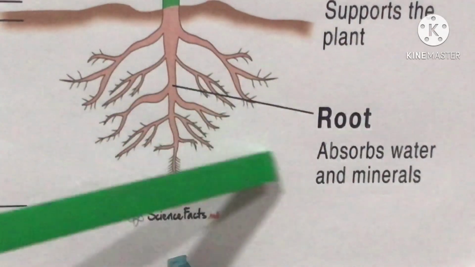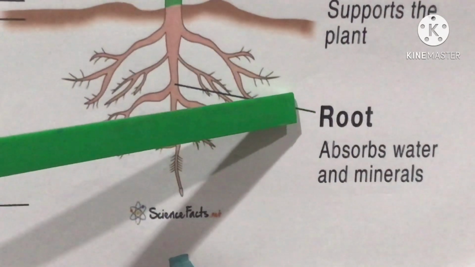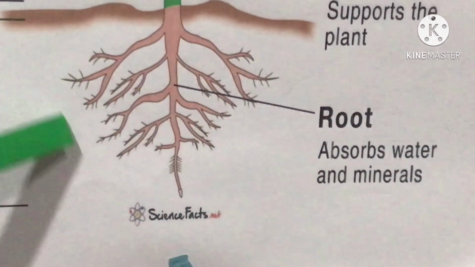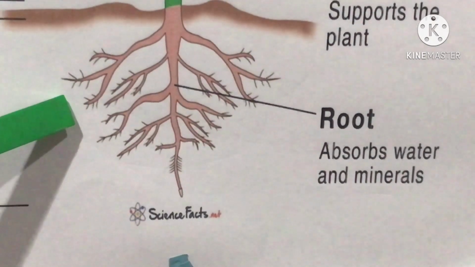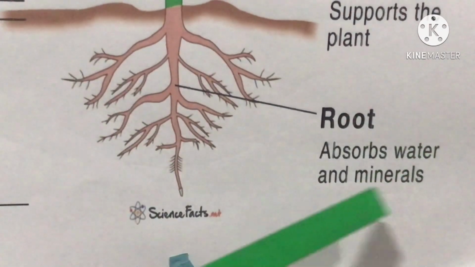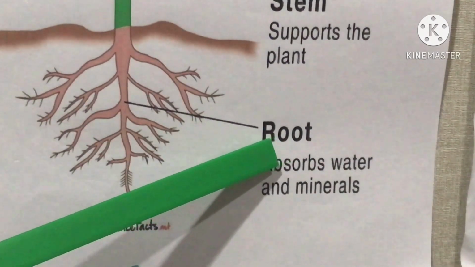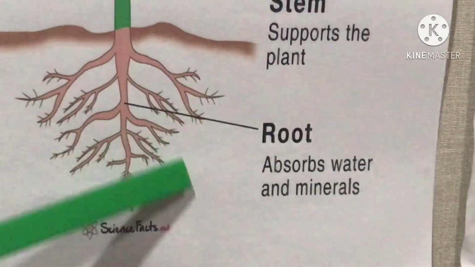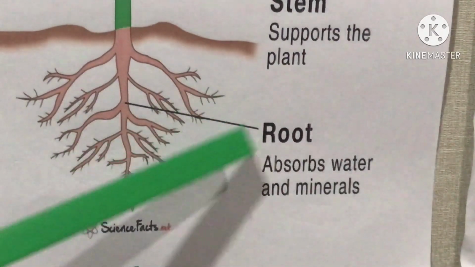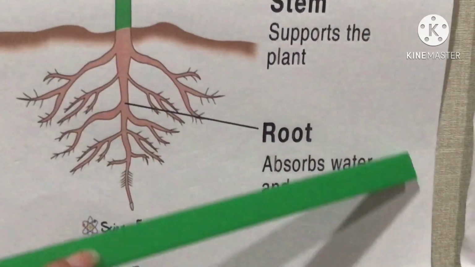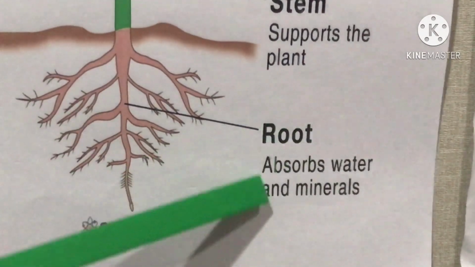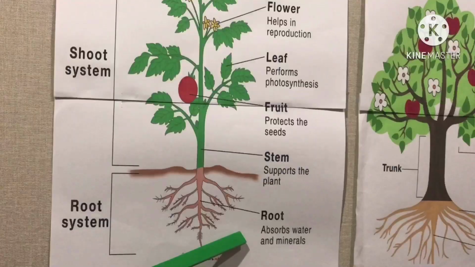So we have here the roots. What is the function or the use of the roots? The function of the roots is that they absorb water and minerals. So how do plants obtain water and minerals? If we say obtain, how will the plant get this water and minerals?